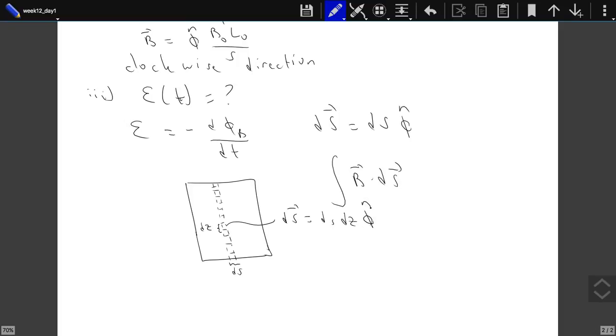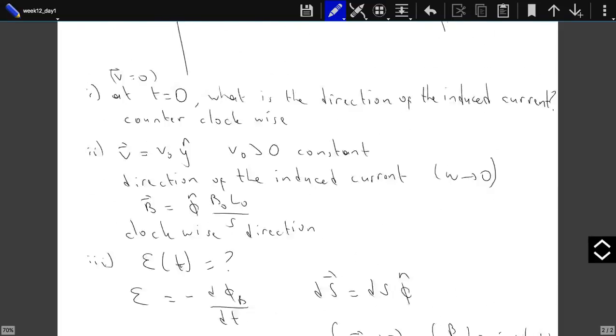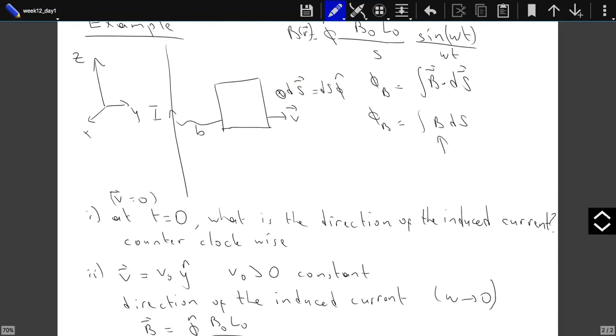It's in the phi hat direction. So B dot ds just becomes B0 L0 over s times sine omega t over omega t times ds dz. Let's say the distance of the closest side is b. Let's say this length is a, this is h.